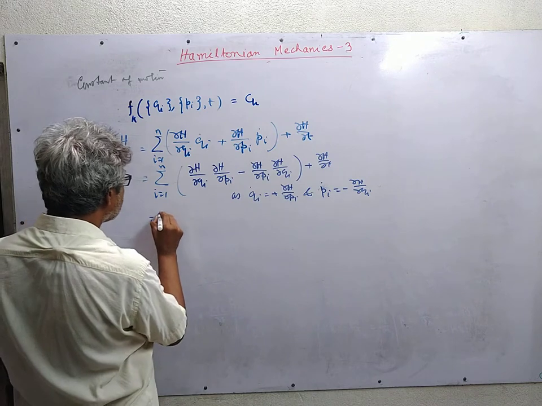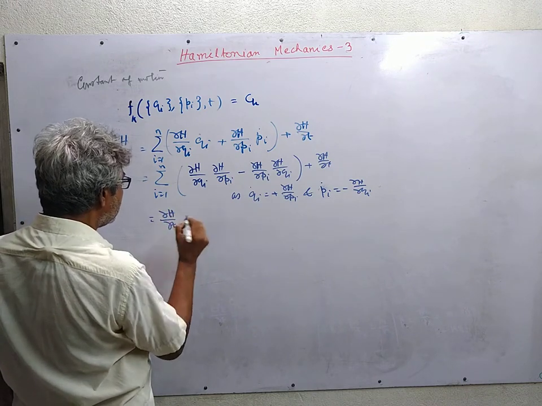So the result is simply dH/dt equal to del H del t.